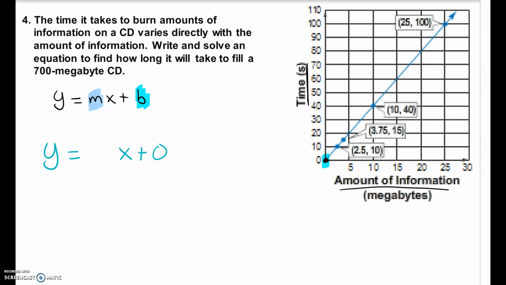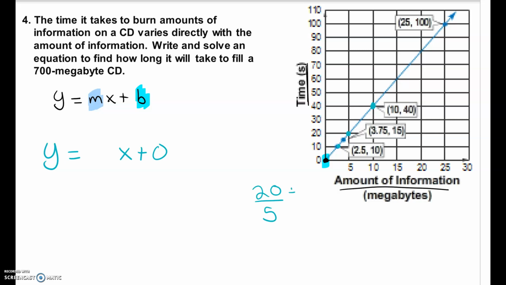If we look right here, we went up 10 over 2.5. Right, we went up 20 over 5. Right, we went up 40 over 10. So we can write down our slopes and figure out how we want to reduce it. So let's say we went up 20 over 5.